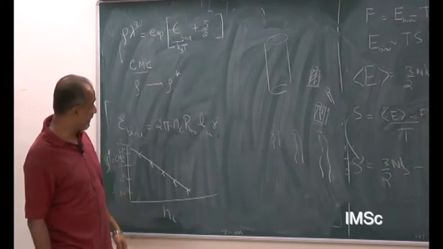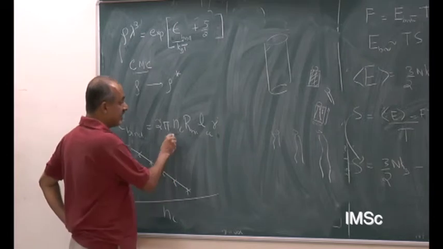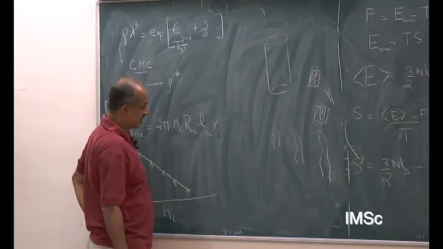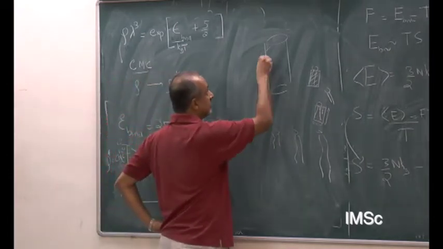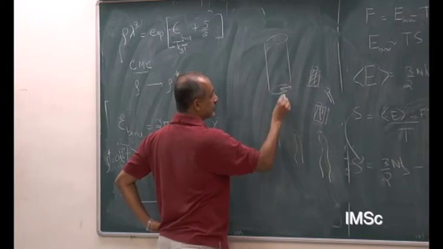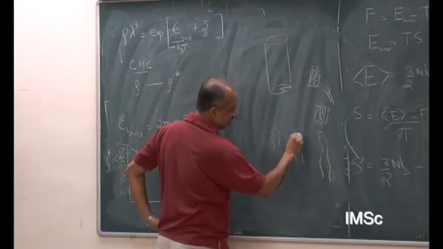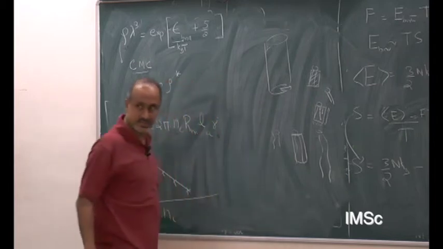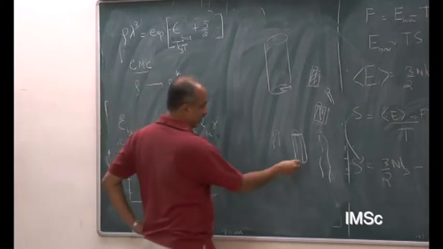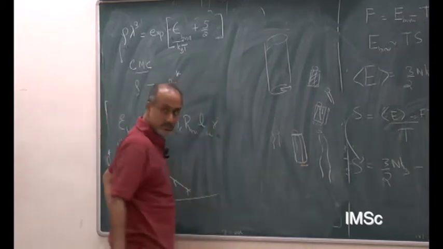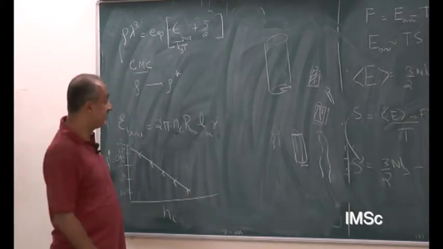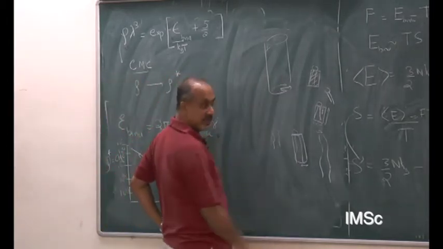So what is that? N_C is the number of carbon atoms in the tail. R_HC is the radius of this, essentially it's the radius of this structure here. So I'm just approximating it by a cylinder. And L_CC is the height. L_CC is the distance between adjacent carbon atoms.